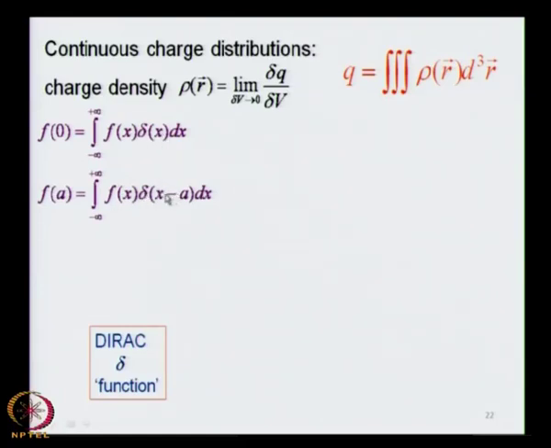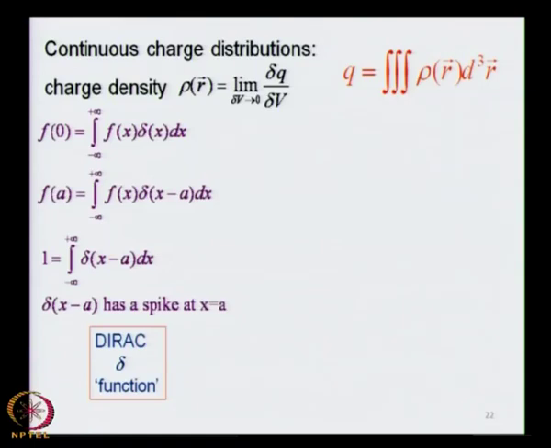So, as you can easily see, if a were 0, you will get the first relation, but when a is not 0, you have a more general expression for the Dirac delta, which is written in the second equation. The two are completely equivalent, with the difference that the second is a little more general, the first is a special case of the second with a equal to 0.